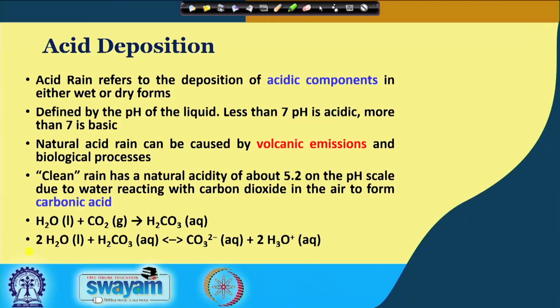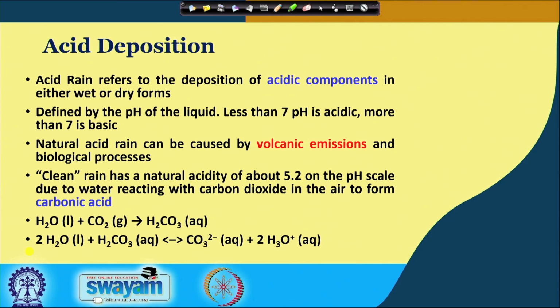In our last lecture we were talking about acid deposition. Acid rain refers to the deposition of different types of acidic components in either wet or dry forms, and it is defined by the pH of the liquid, because a pH less than 7 is always acidic, whereas greater than 7 is known as basic. Remember that natural acid rain can be caused by volcanic emissions as well as different biological processes.